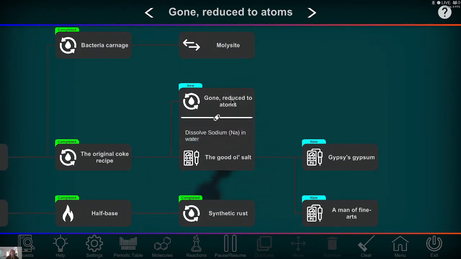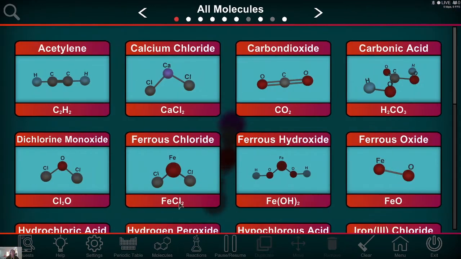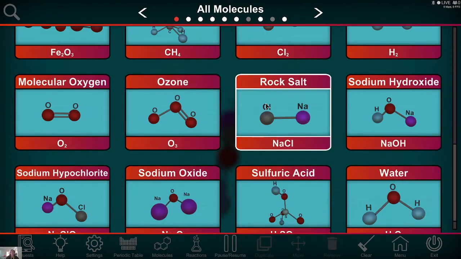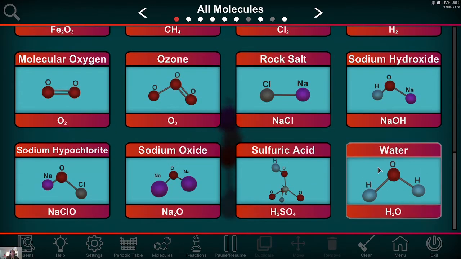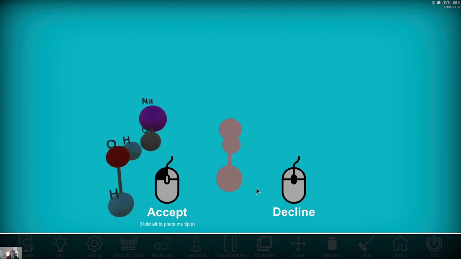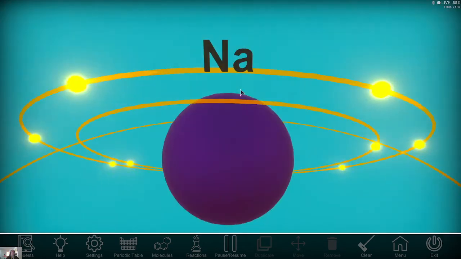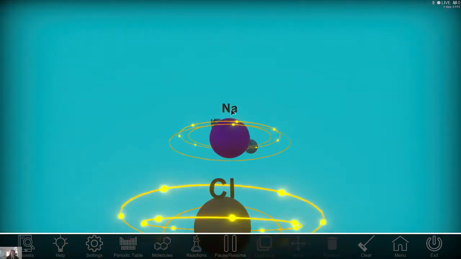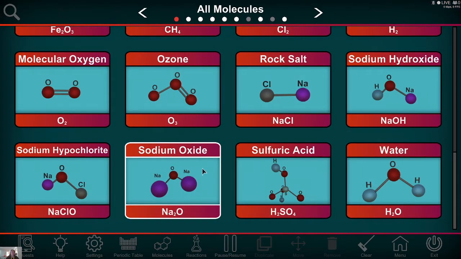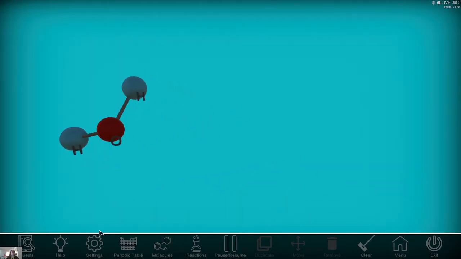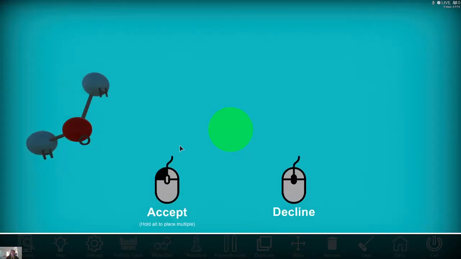Dissolve sodium in water. So I think I need H2O, right? I need H2O. And then I can create this. But let me clear that. Okay. Let me try something. H2O and sodium.